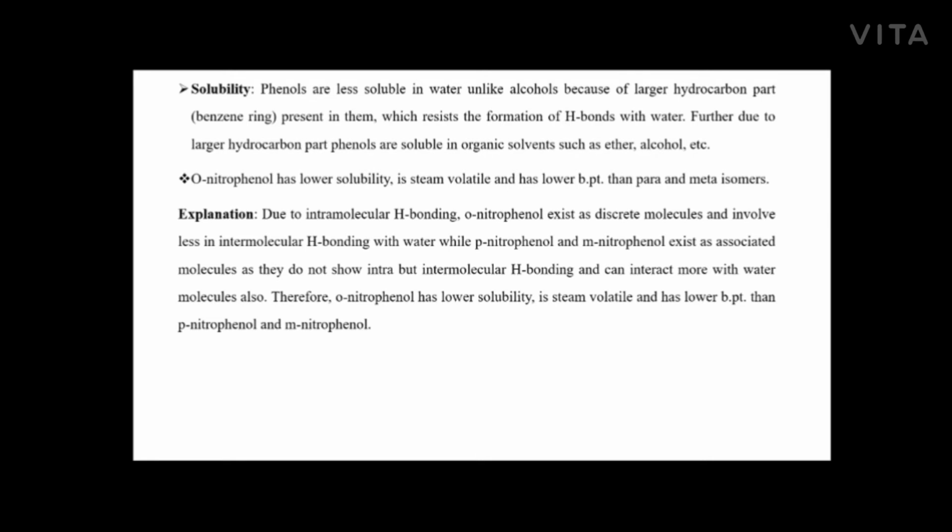This particular statement is of great importance from the exam point of view also. So you may read this explanation. This is very useful for you. Due to intramolecular hydrogen bonding, as I have explained, ortho-nitrophenol exists as discrete molecules and is involved less in intermolecular hydrogen bonding, and the molecule which is involved more in intermolecular hydrogen bonding has a higher boiling point as compared to intramolecular.